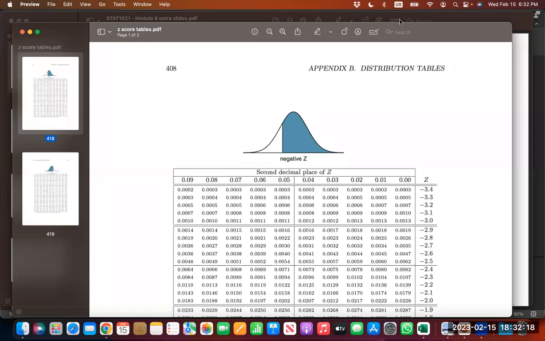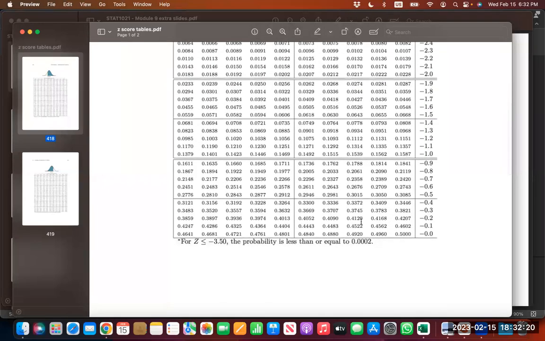Ergo, a set score of 0, where you're subtracting the mean from an individual score, if that score equals the mean, it's going to be 0, and at 0 you have exactly 50%.